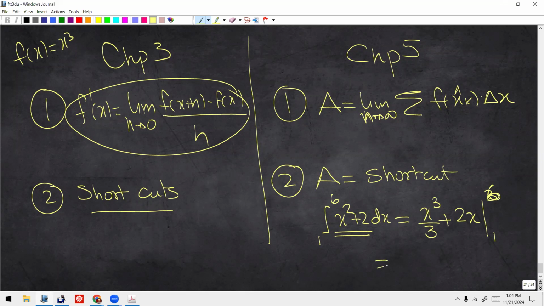So you plug in your upper limit. I'm sorry, that's wrong. You replace x with 6. So you get 72 is what you'll end up with, plus 12 when you plug in 6 for x, you know? Is that okay? And then you're going to subtract, you plug in 1. So you get 1/3 plus 2.